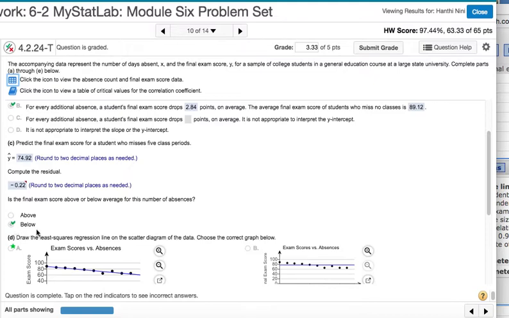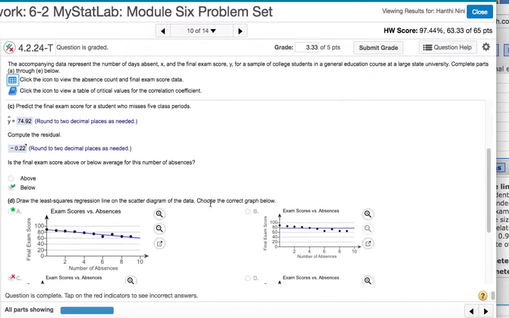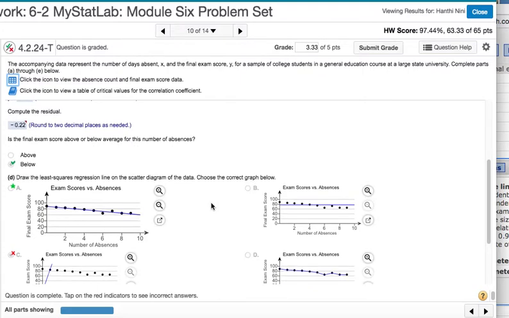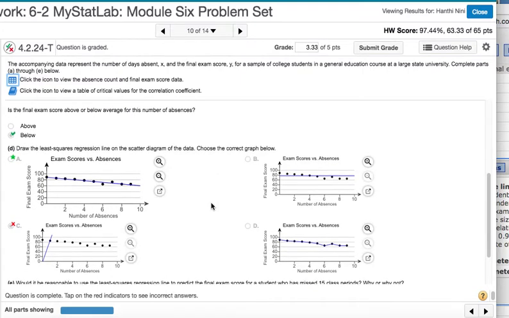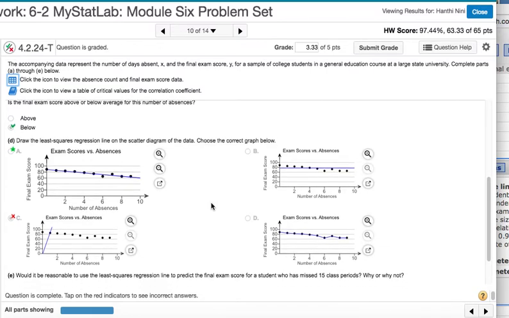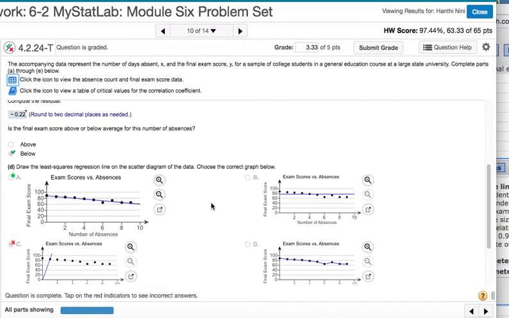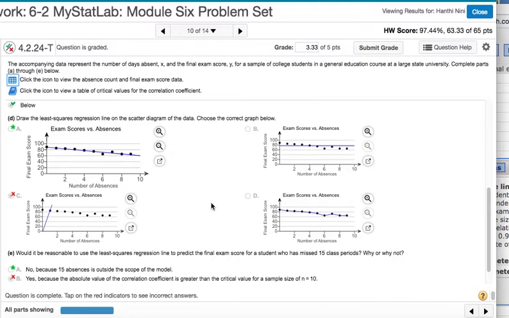And that would be below. So we're just comparing the prediction to the actual score for that particular student with 5 absences.